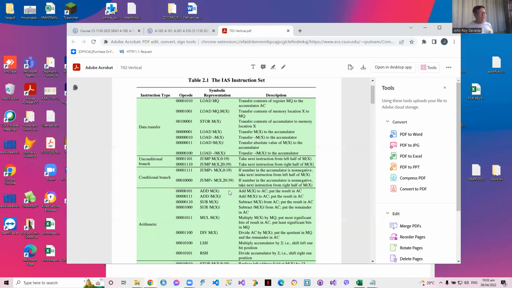So you see, there's already a close resemblance. There's also a load and store. The most important load is load M(x). We load a value of address x from memory to the accumulator.